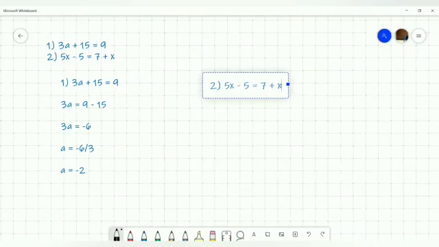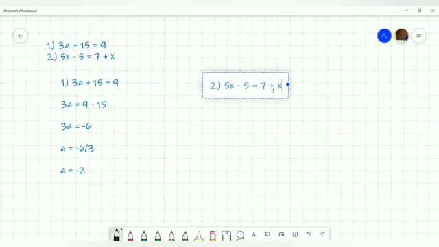So here you can see we have only variable x, but this x is present on the left hand side as well as on the right hand side. So when we have such equations where we have variables on both sides, then first we will shift all the terms with variable to the left hand side and all the constant terms to the right hand side.